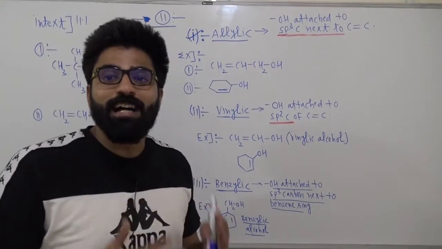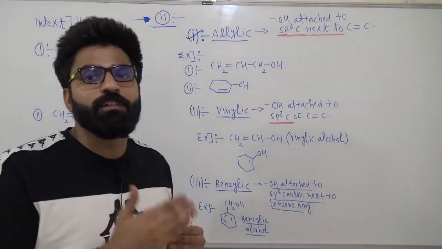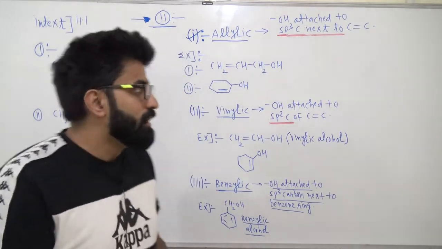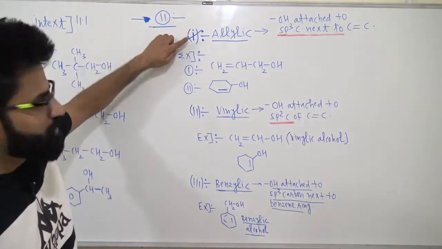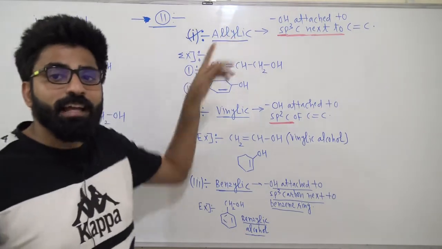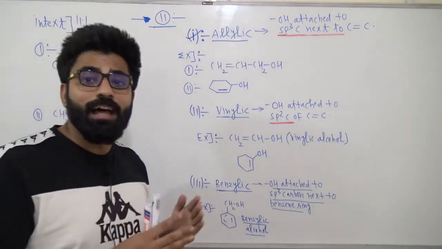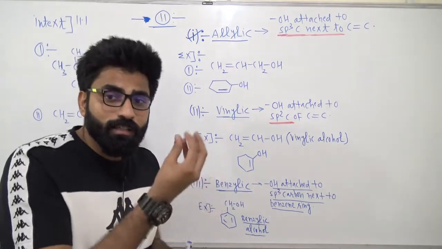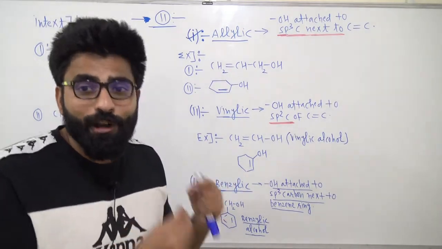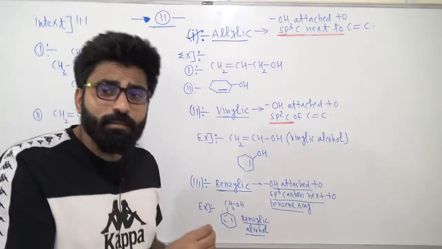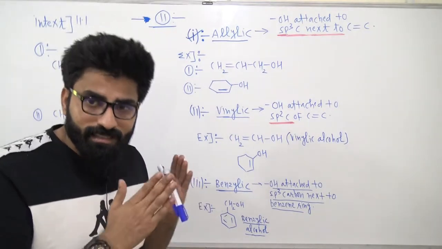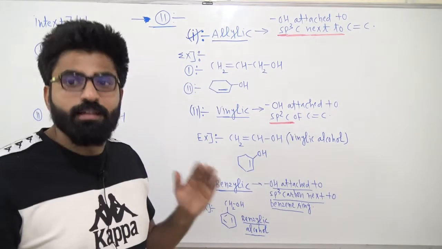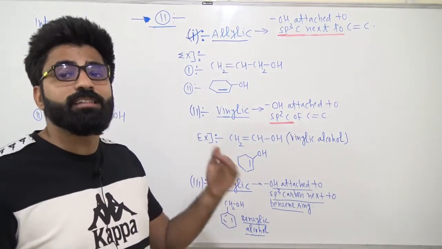So now guys, I'm discussing the second type of classification that we do for alcohols, right? So what is the classification? So the number one is allylic alcohol. What is it? Allylic alcohol. So how to identify whether the given alcohol is allylic or not? It's very, very simple: check the carbon to which OH is attached.